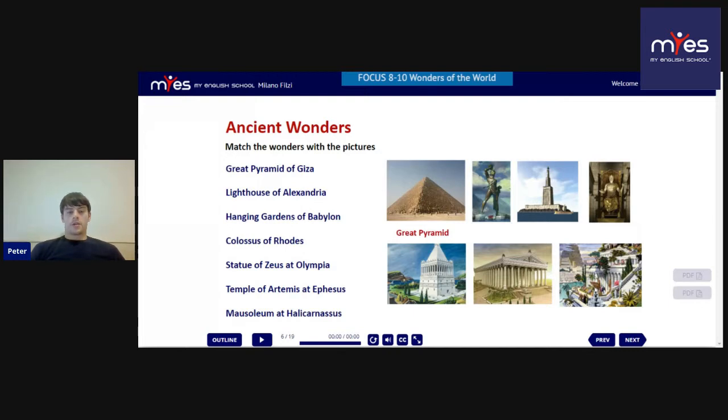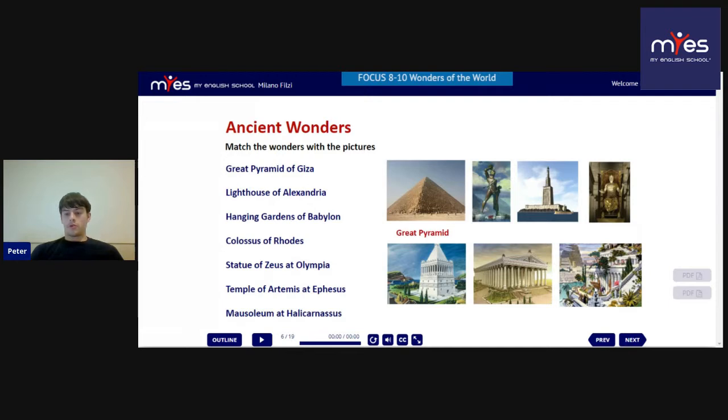The second picture, so the picture of the big statue in the sky. This is the Colossus of Rhodes.